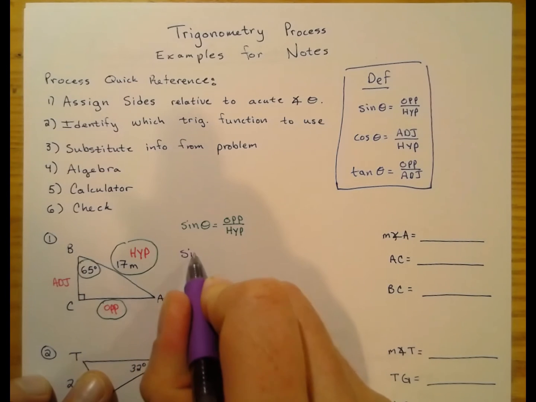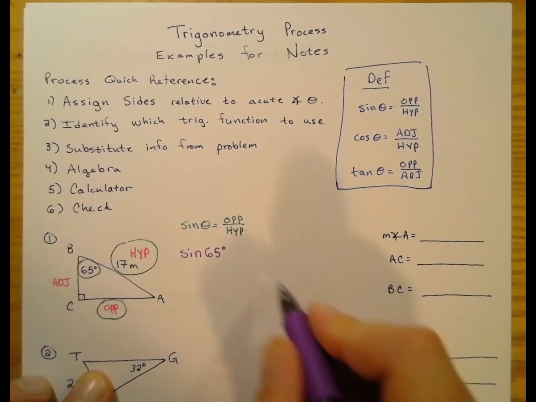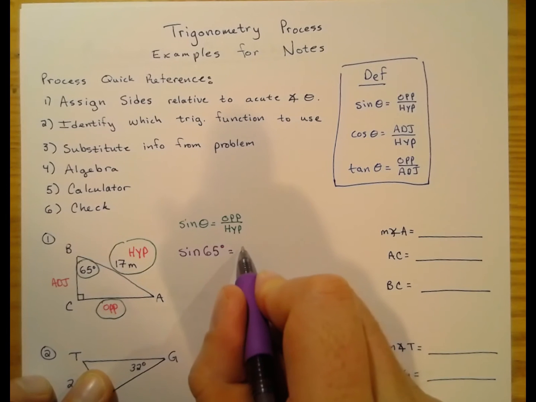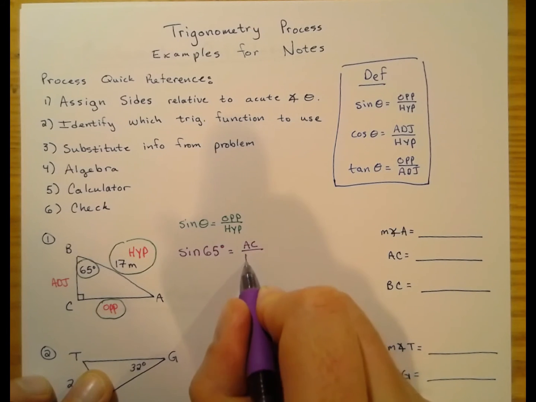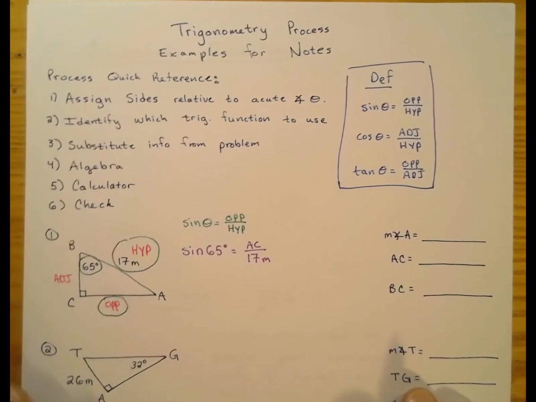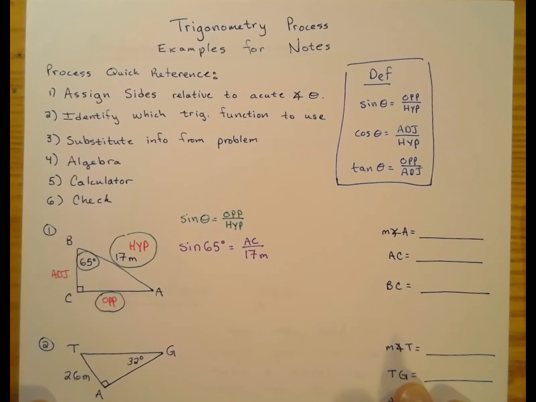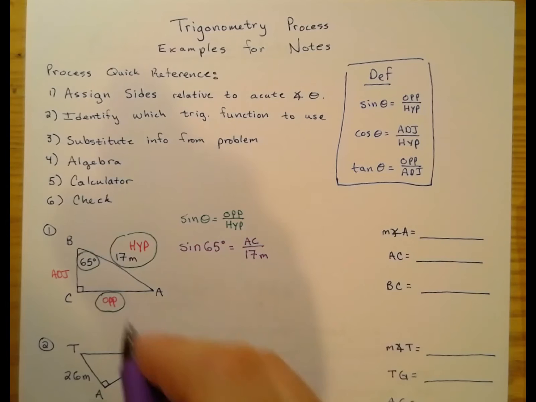So sine of 65 degrees, theta is always just an acute angle, equals the opposite side, which is AC, over the hypotenuse side, which is 17 meters. And this is going to be the first of our 3 algebra scenarios, when the variable is in the numerator.